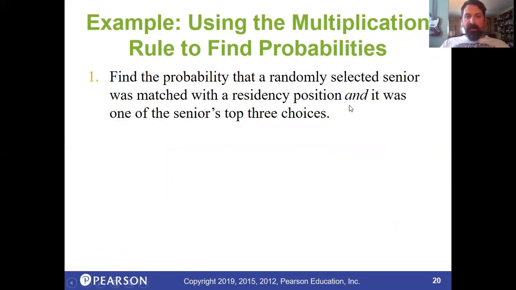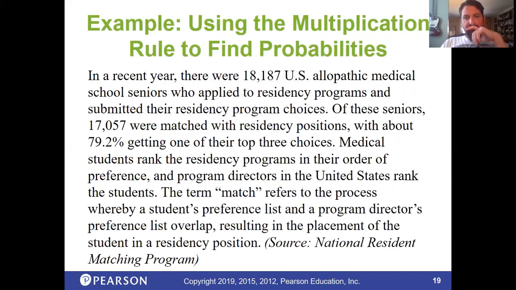Find the probability that a randomly selected senior was matched with a residency position and it was one of their top three choices. Okay, we want to find the probability they were matched with a position and it was in their top three. Let's go back for a second. These many were matched. Okay, so the probability they were matched is this divided by this.